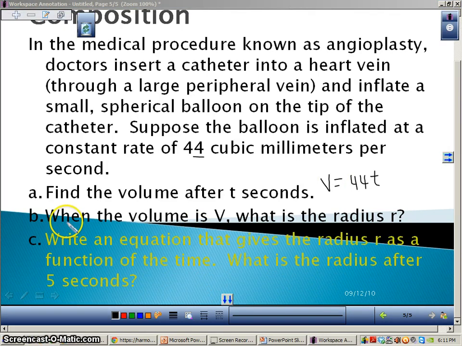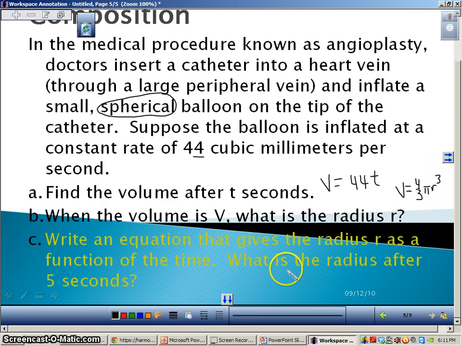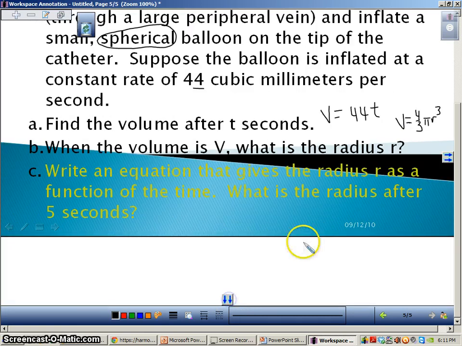Well, if this is a balloon, it's spherical. So what is the formula for the volume of a sphere? You may not remember this. 4/3 pi r cubed. And if I solve this formula for r, you may not believe me right away, but you can do that easily.